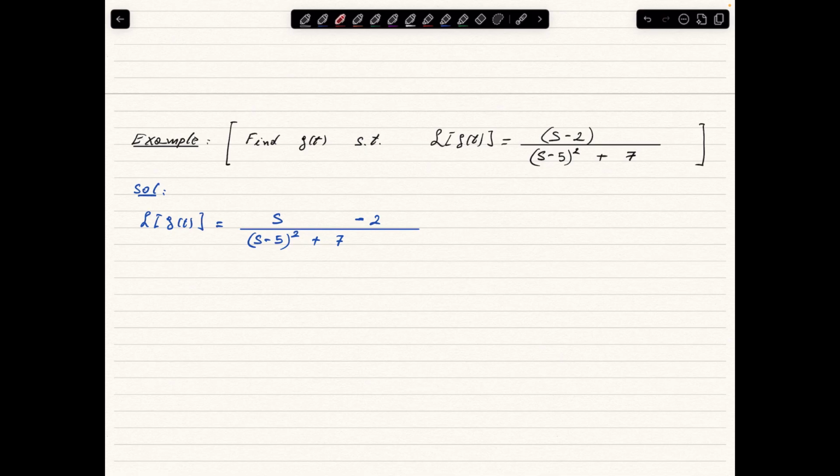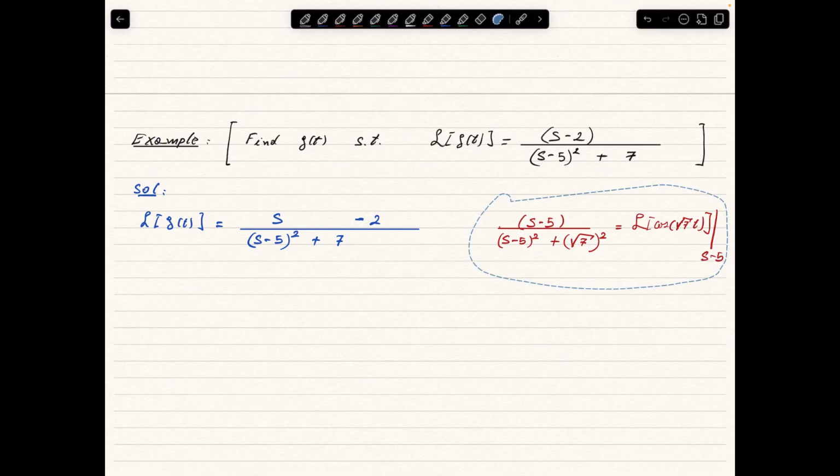Well, that would be s minus 5 in the numerator, and in the denominator it would be s minus 5 squared plus square root of 7 squared. This is the Laplace transform of the cosine of square root of 7 times t, but shifted to s minus 5.